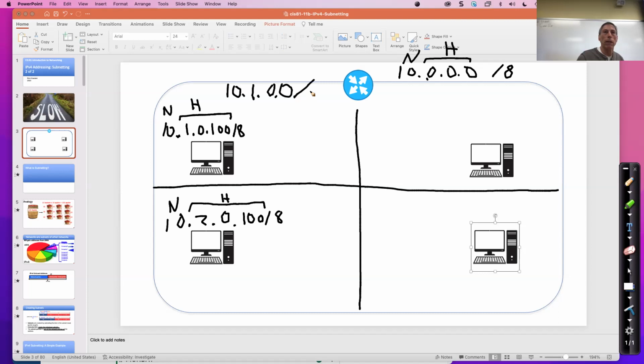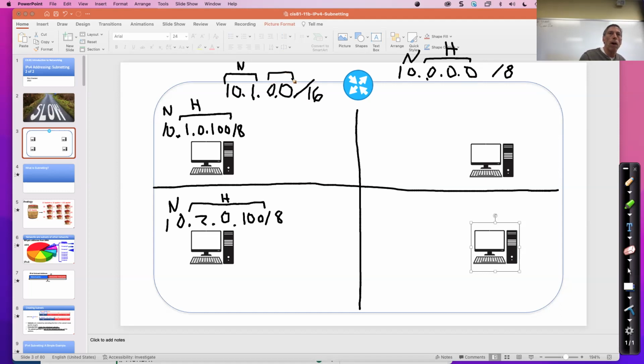Now we could see that the mask will change. We'll talk about this more in a moment, but this becomes the network now. And everything inside this network must begin with 10.1. In this subnetwork, we call it a subnetwork because it's a smaller subdivision of this larger /8 network we just saw previously.